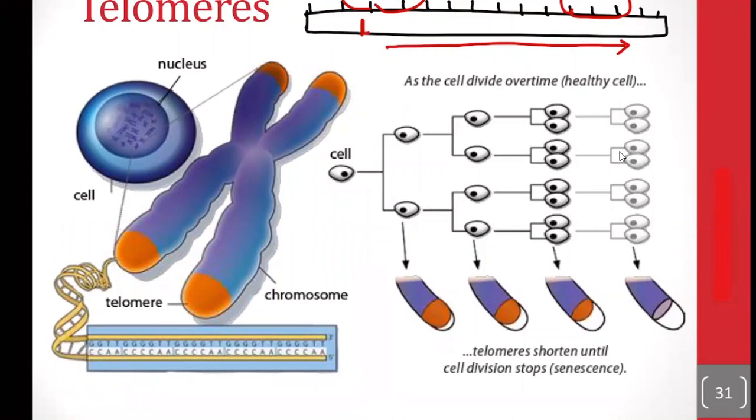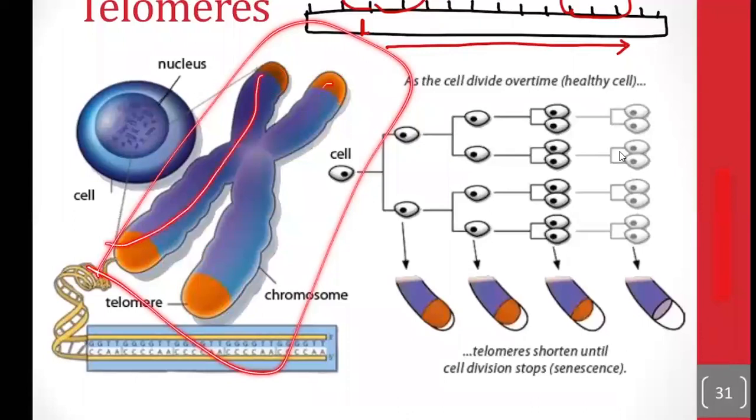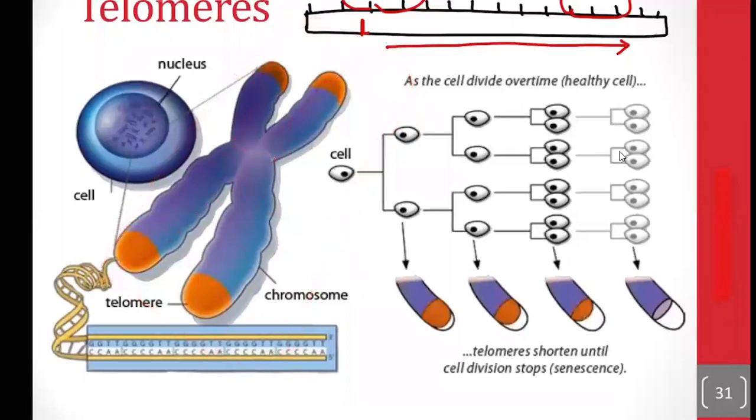So in the same way, we also have these tips of DNA bases at the ends of the chromosome. For example, if I say this is one chromosome with two chromatids, one chromatid and another chromatid. This chromatid is made up of one DNA molecule and this chromatid is made up of another DNA molecule. And at its tip are these telomeres. What are telomeres? These are just extra bases.